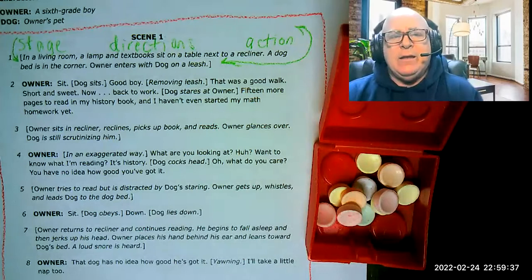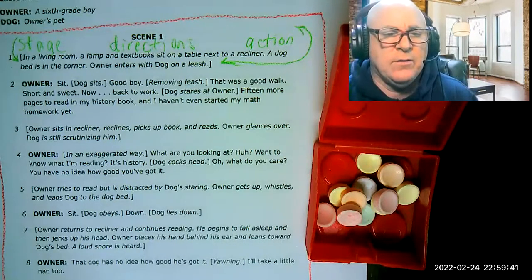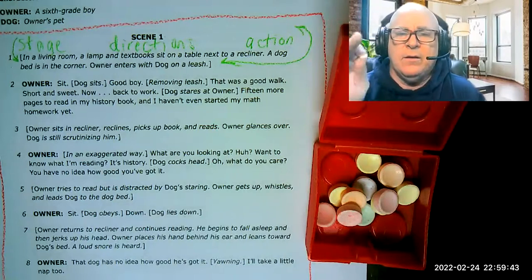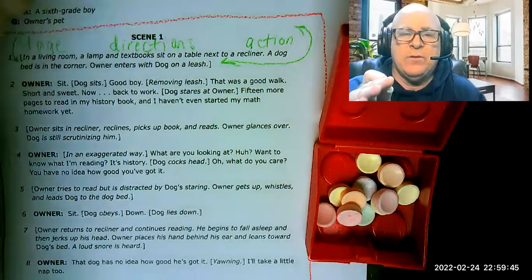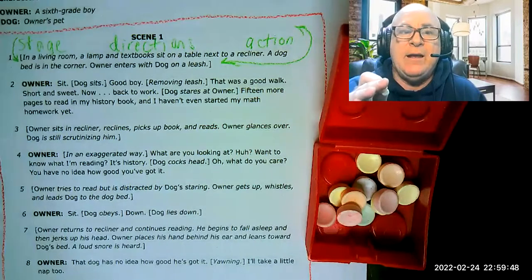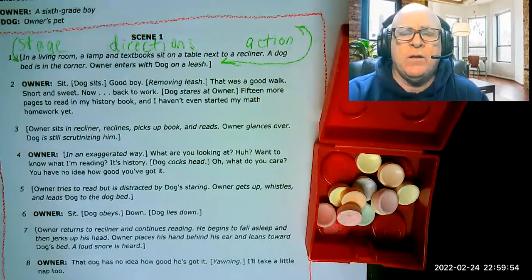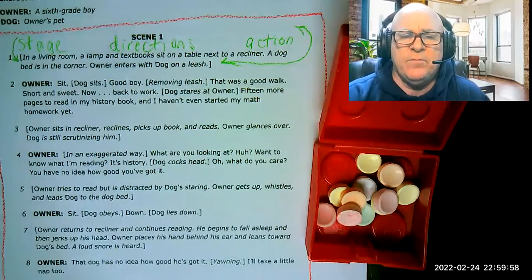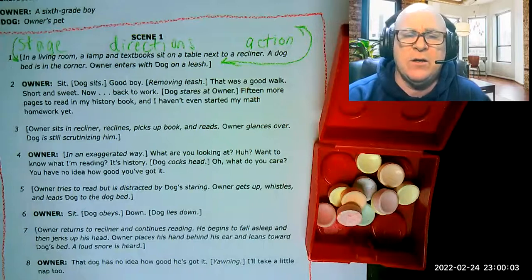Scene 4, line 4. Remember, a line can be as long as it takes until the stage direction, or the actor, the person whose turn it is to do the line, is done talking.